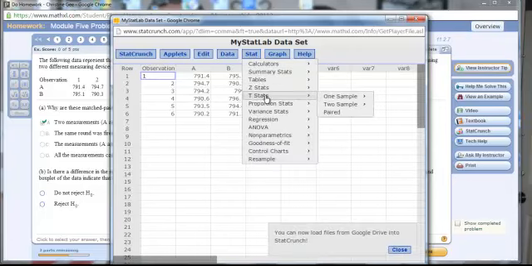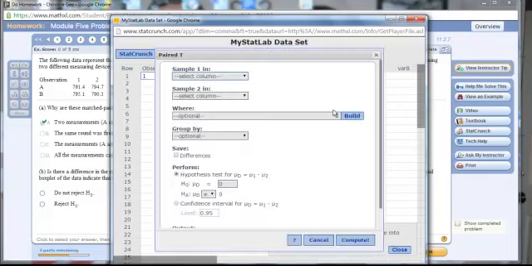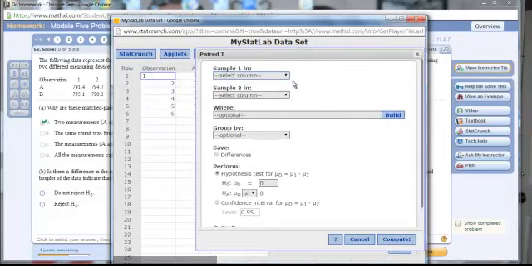Then I go into T-statistic, and it's paired. For sample 1, it's not observation, it's column A, and for sample 2, it's column B. Observation is just a number that doesn't have to do with the measurement.